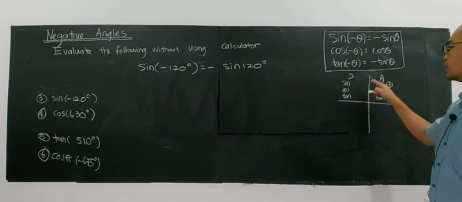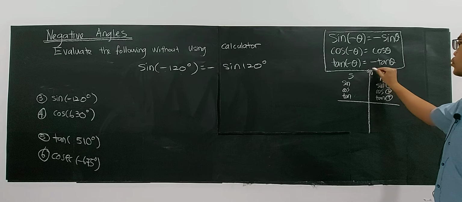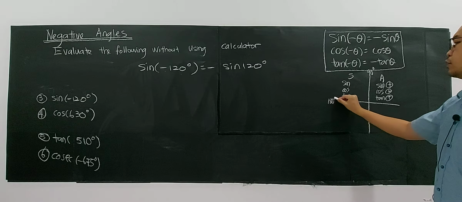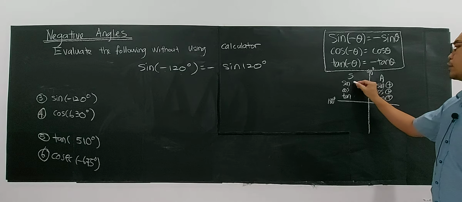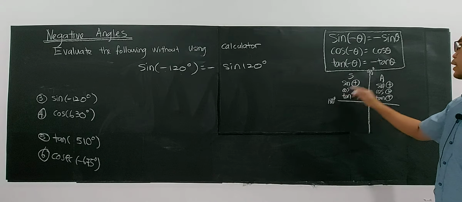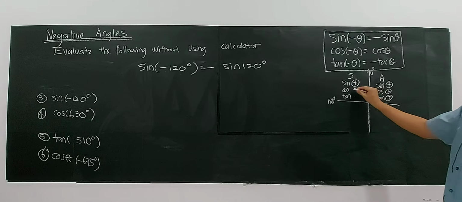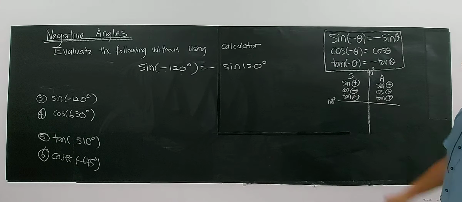In this next quadrant, from 90 up to 180, sine will always be positive, but cos is negative, and tangent is negative.